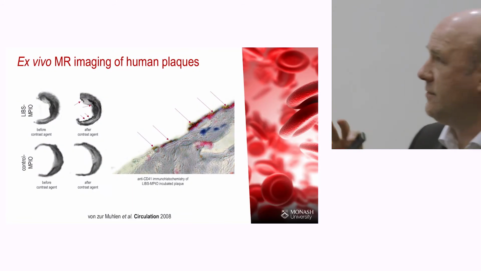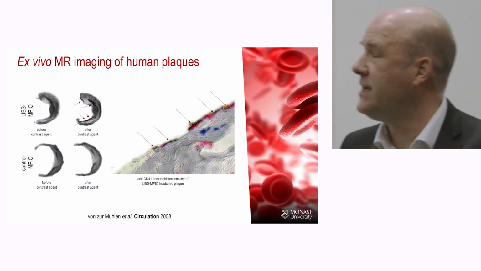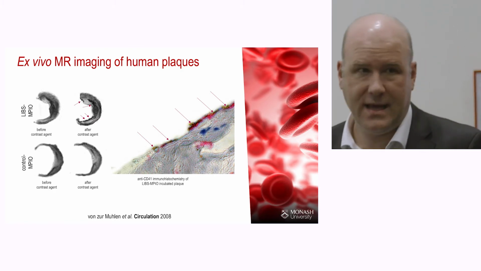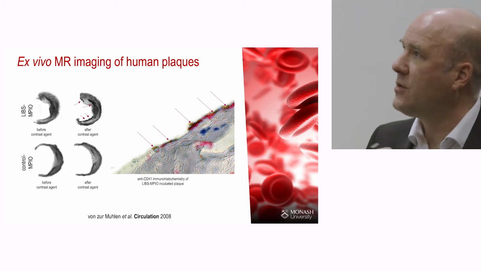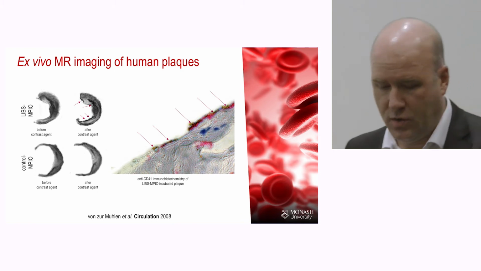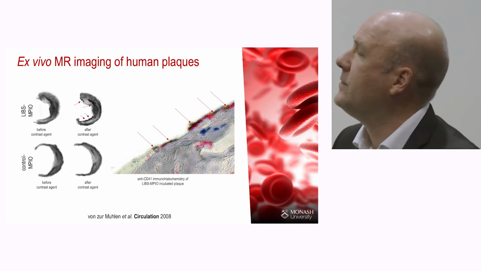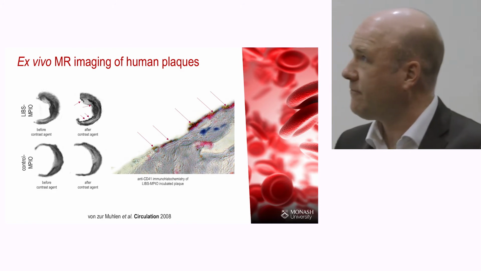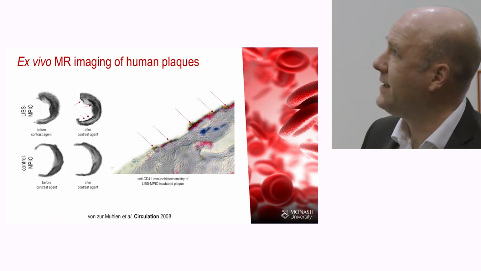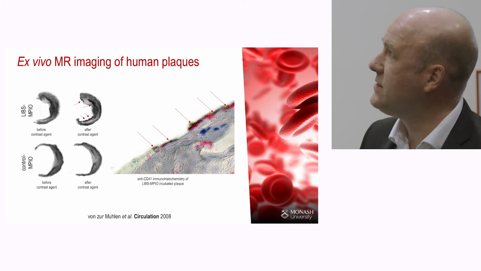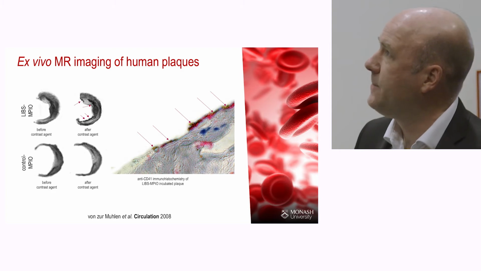That is also important for plaque imaging, as was found with these human samples. So these are samples the surgeon took out of the carotid artery of someone who had a stroke or some transient attacks. And here you can see that these iron oxide particles stick to the surface of these vulnerable plaques, and they're co-localized with the red staining of the platelets.